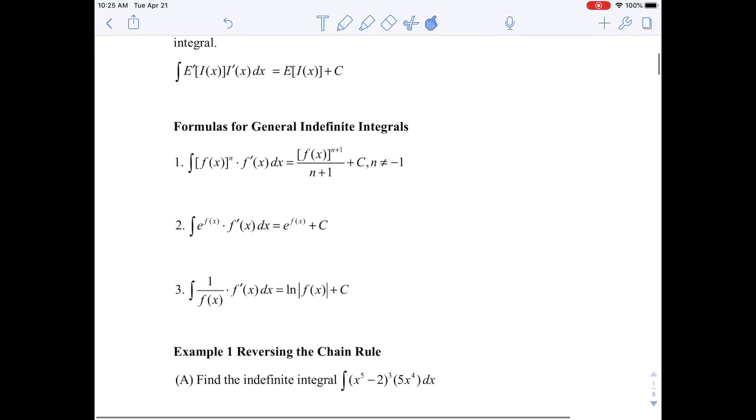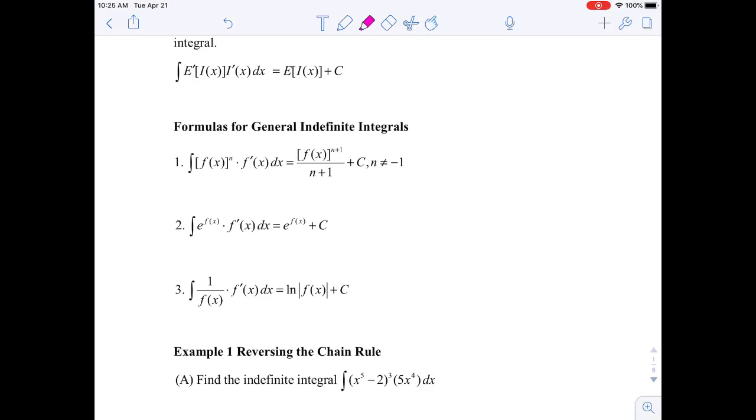So formulas for our general indefinite integrals, we went over them in the last section. We want to make sure that we add our plus 1 and divide by that.